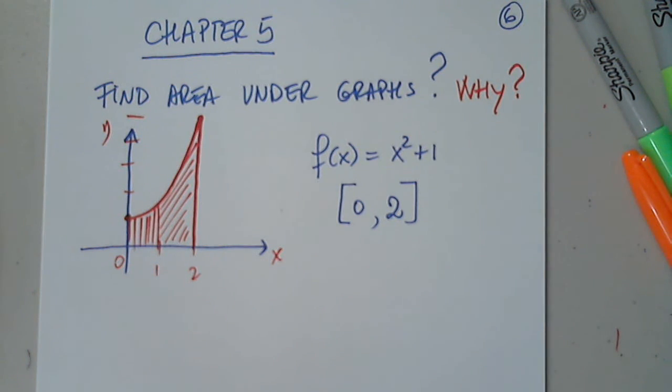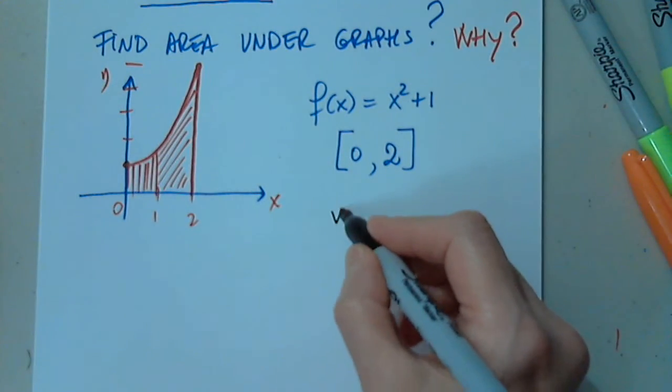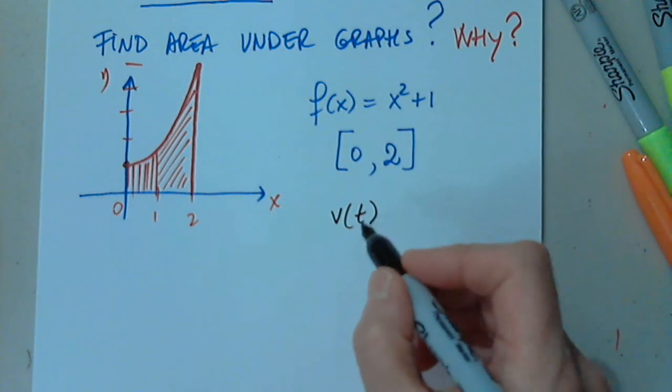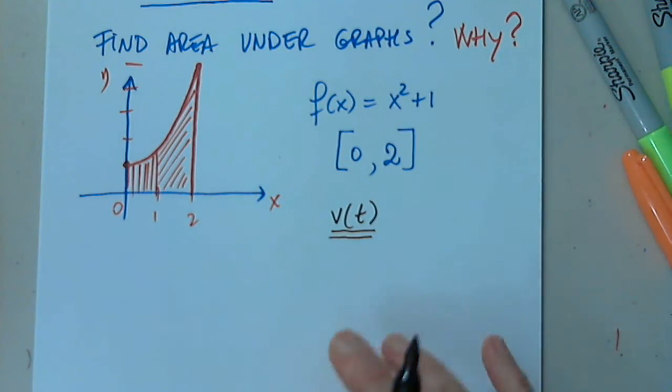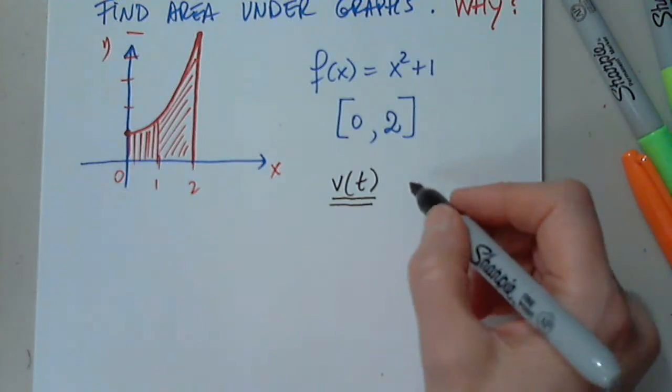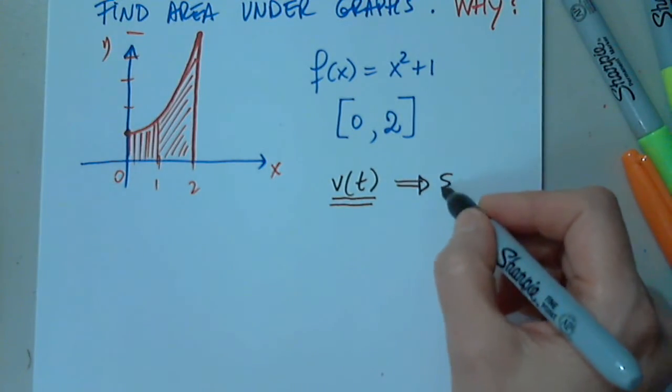Here's why. Remember the process of anti-differentiation? A few minutes ago, we chose a problem in which we were given v of t, and we wanted to determine s of t.